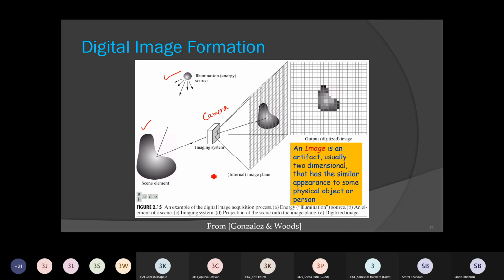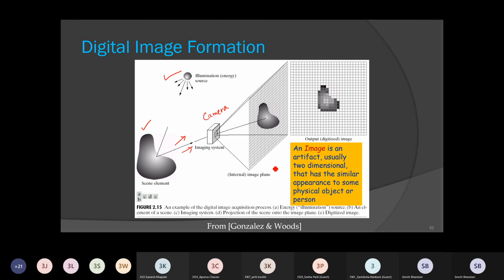The first function performed by this imaging system is to collect the incoming energy. This imaging system collects that incoming energy and focuses it onto the image plane.